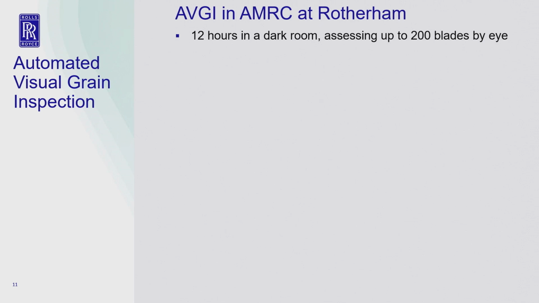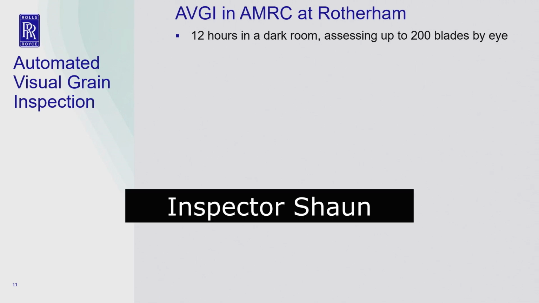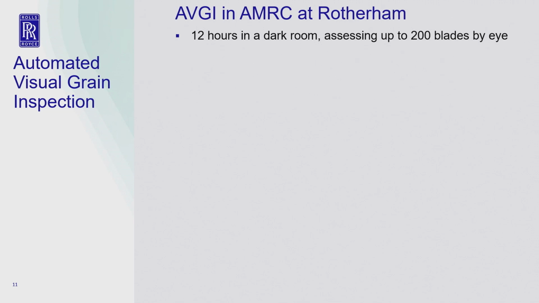And they are inspected 12 hours at a time in a dark room by a trained inspector. His name is Sean. Because it's designed to be perfect, the inspector, Sean, is literally going, "Yep, that one's good. Yup, that one's good.